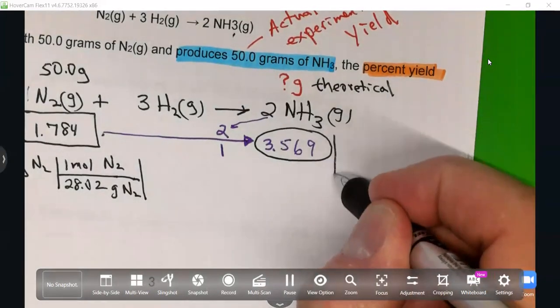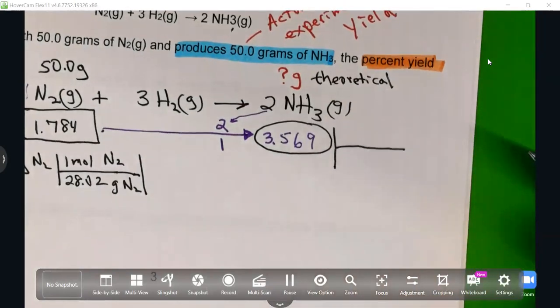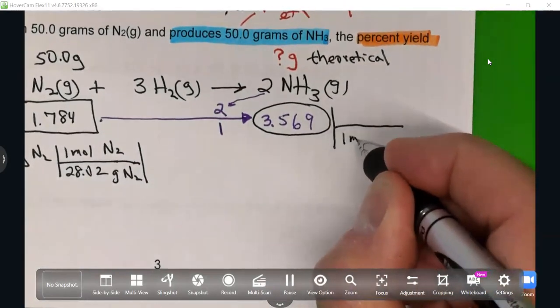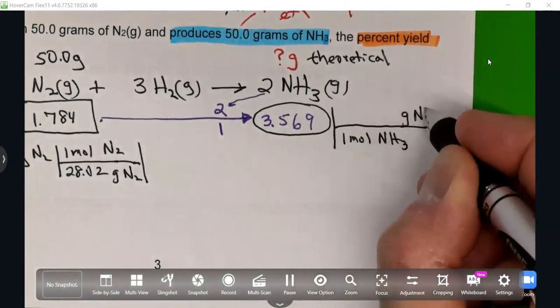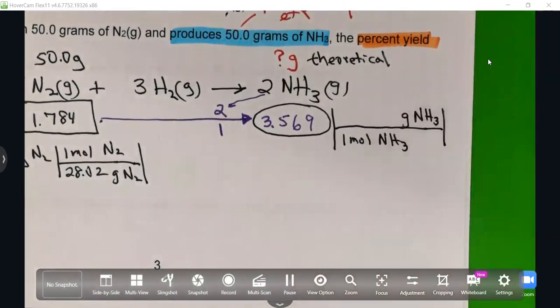Well, how many grams is that? One mole of NH3, how many grams of NH3?